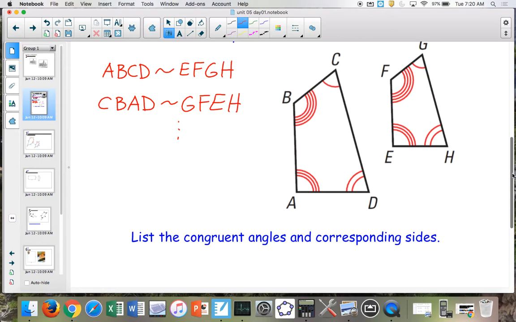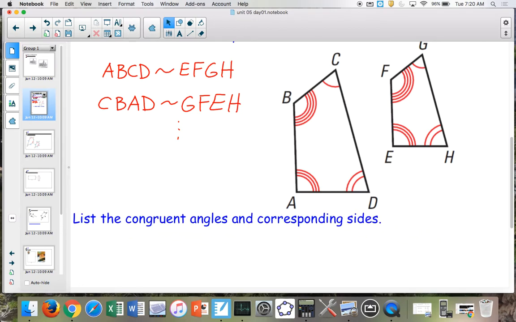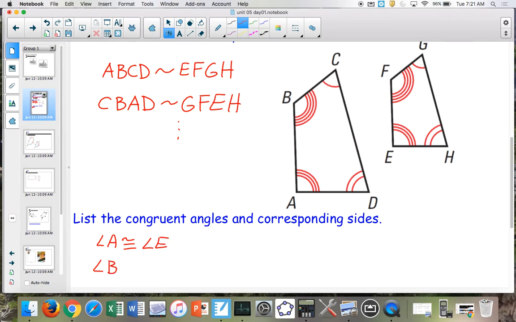Another thing you should be able to do is list all the congruent angles and then match up all the corresponding sides. So all those angles are congruent.